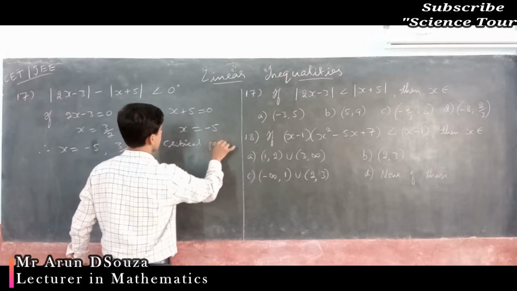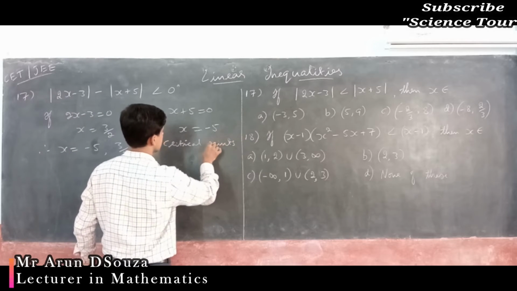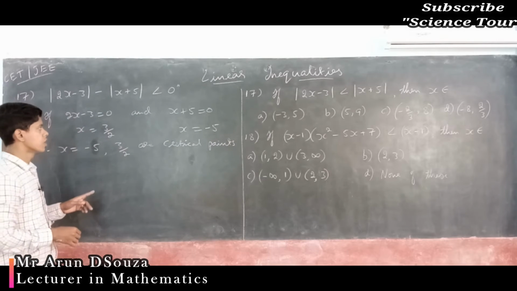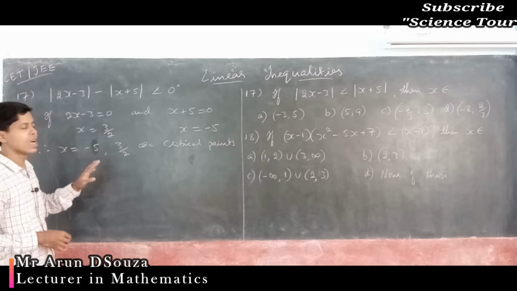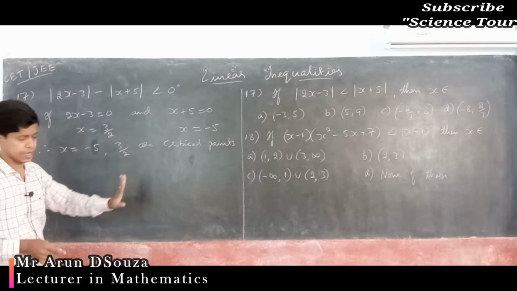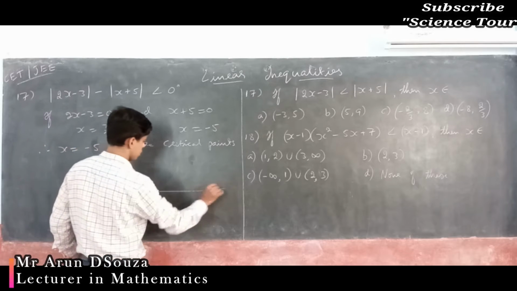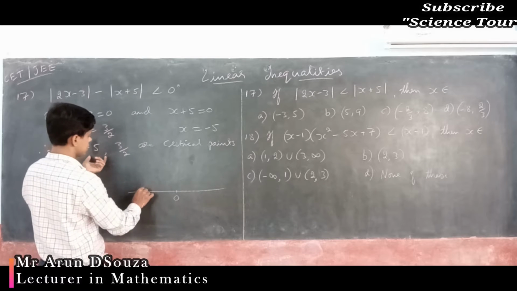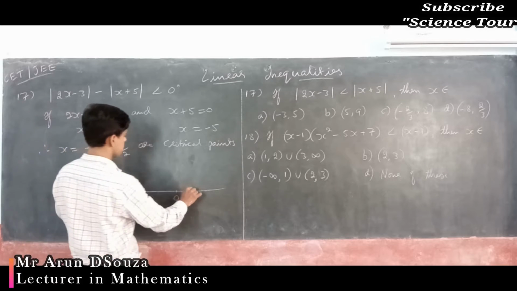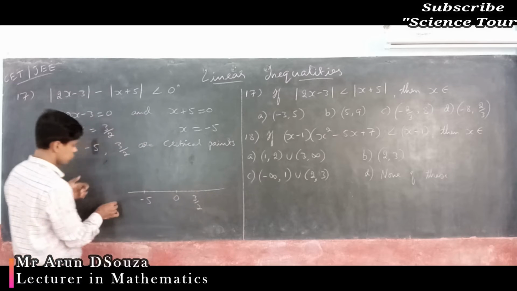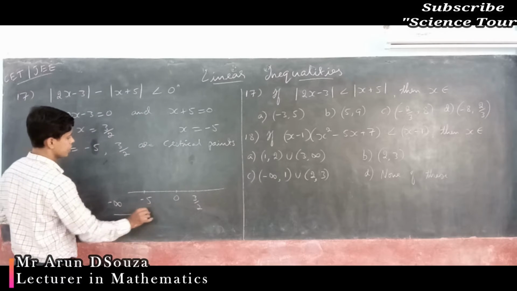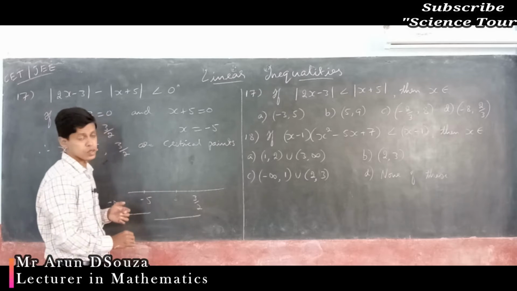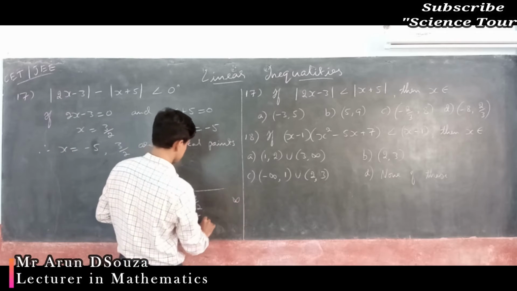In these points you will have to break the real line. Understand? You have got the real line and you have minus 5 and 3 by 2. So the intervals would be minus infinity to minus 5, then minus 5 to 3 by 2, and 3 by 2 to infinity.